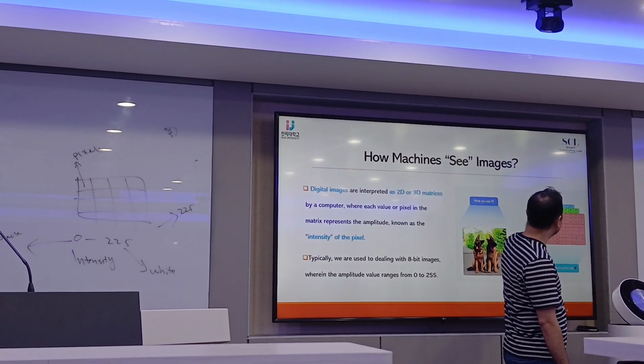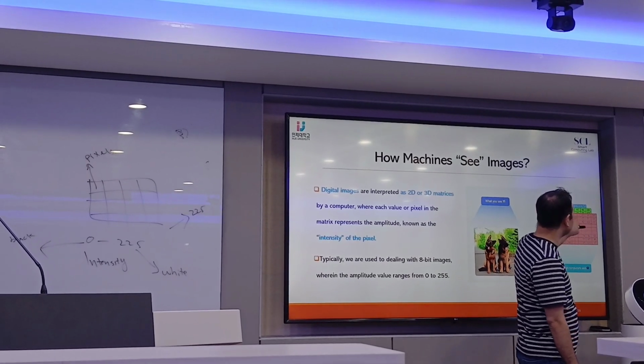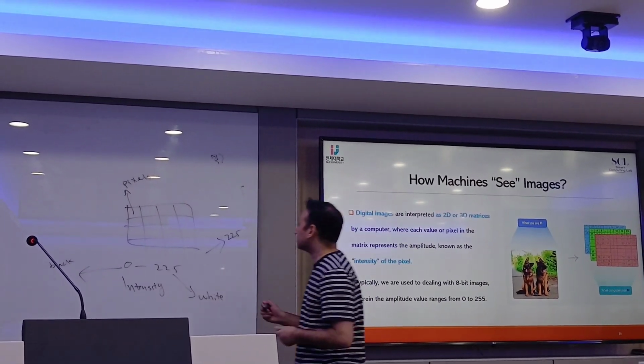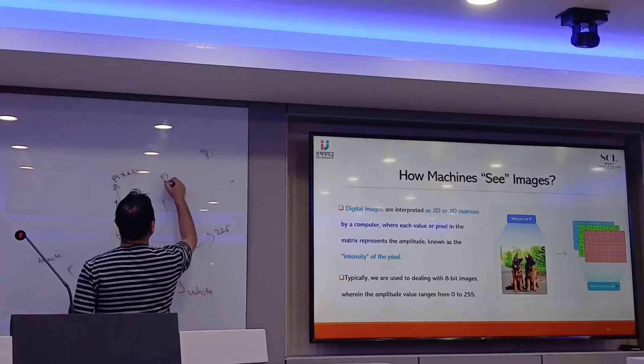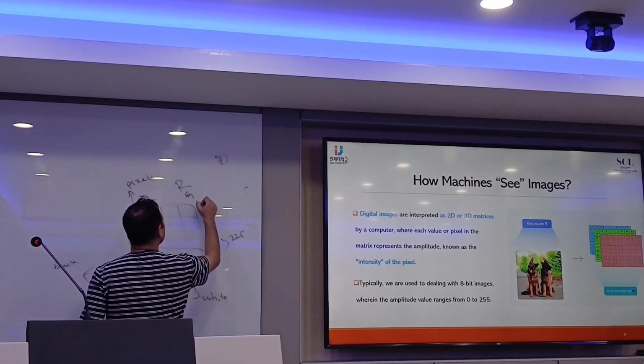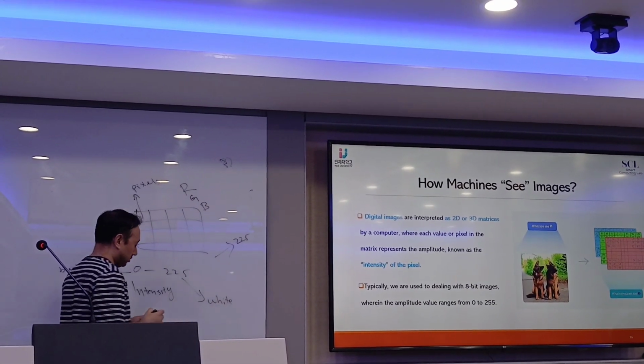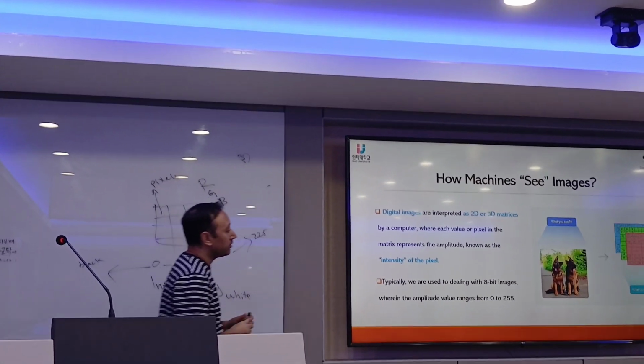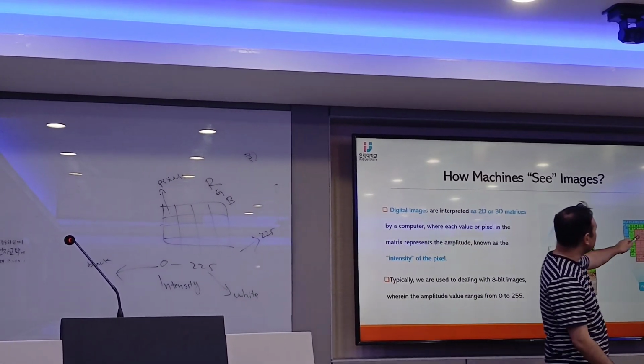For example, these are the pixels and these are the pixel values of this image. And an image has 3 channels: red, green and blue. So the 3 channels are there, and every channel has different values, you can see.